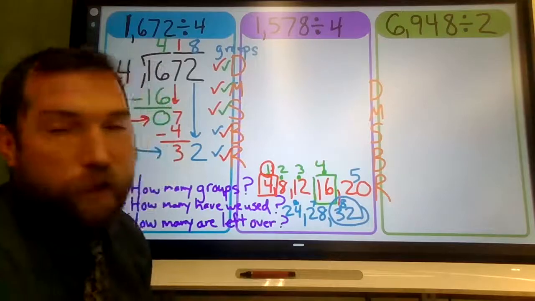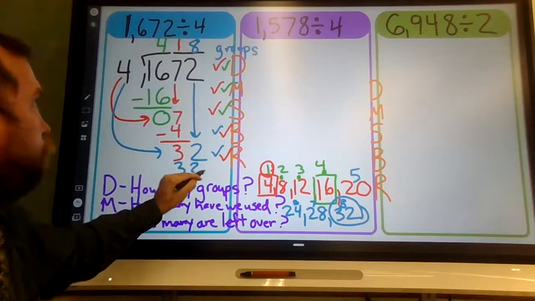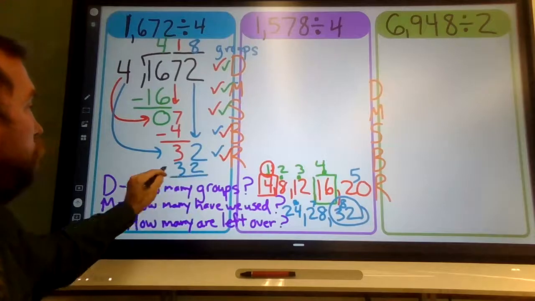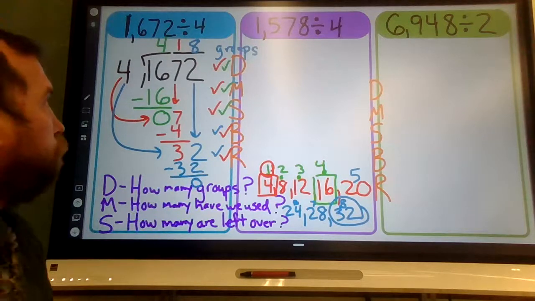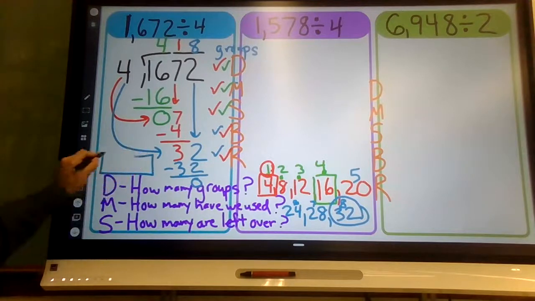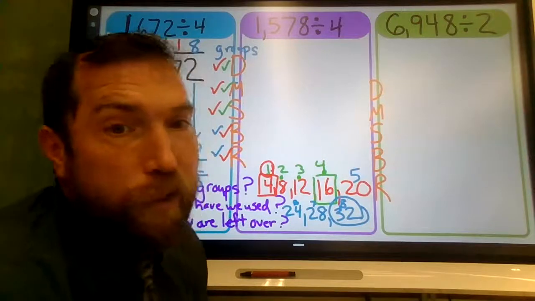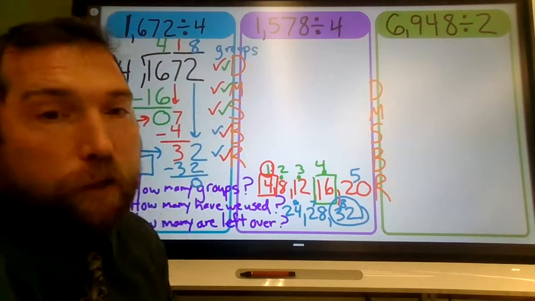Then you're going to use the other number underneath. We used all 32. That means there was nothing left over. Again, in our answer box, and coincidentally enough, this is question number 1 on your assignment today.